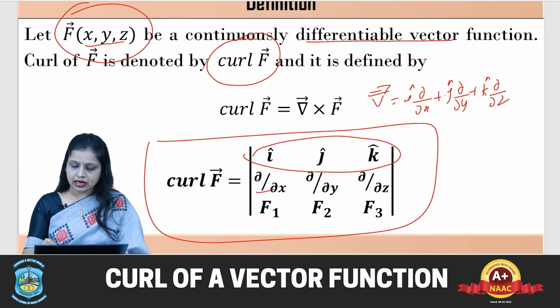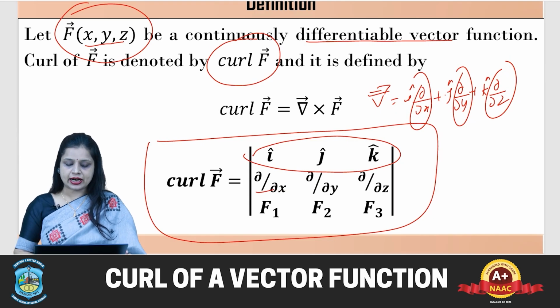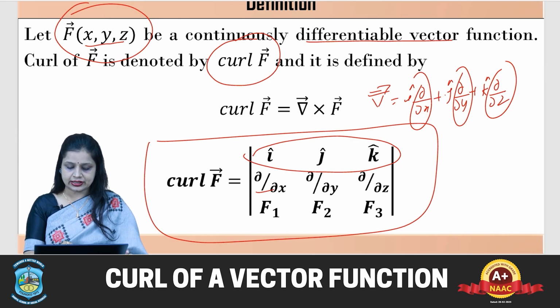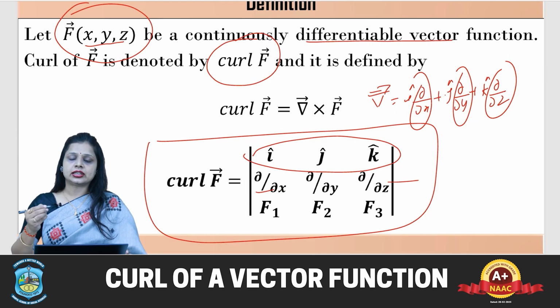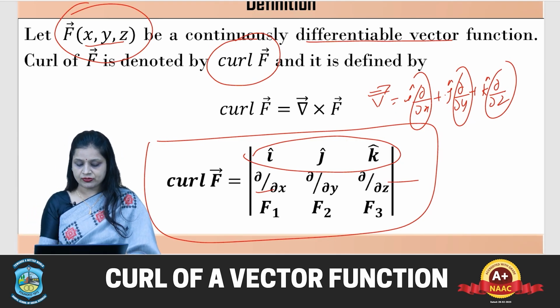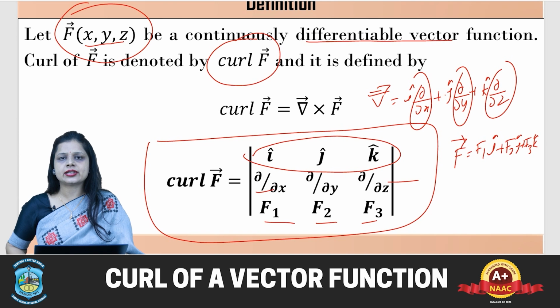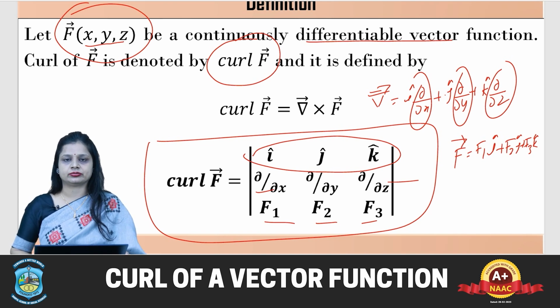The second row has the components of the Nabla operator, del by del x, del by del y and del by del z, and the third row has the components of the vector f, f1, f2, f3, as this vector f is f1 i cap plus f2 j cap plus f3 k cap. On solving this determinant, we can calculate curl of this vector function.